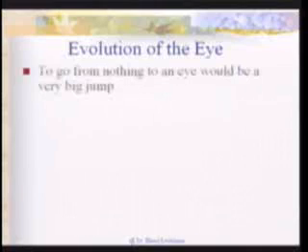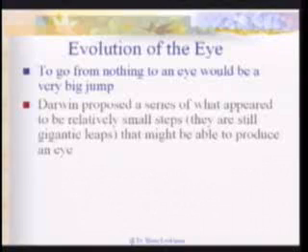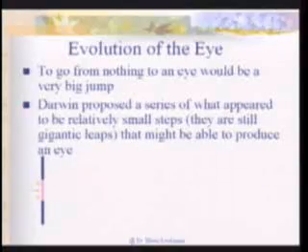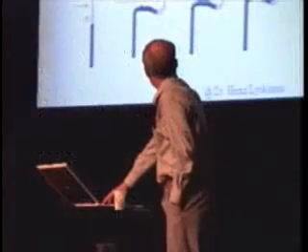But his answer was, to go from nothing to an eye would be a big jump. So what he did is propose a series of what appeared to be relatively small steps, and yet it turns out they're still large steps, that would be able to produce an eye.